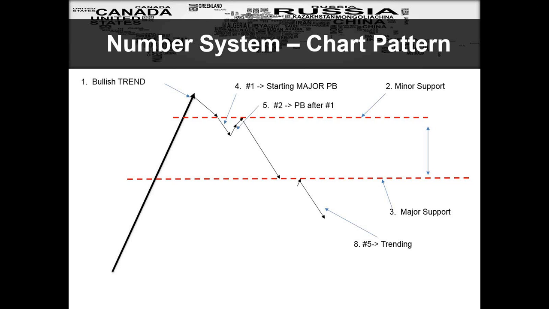Okay? Now, when you're trading a number 1 and 2, you're basically trying to trade from this minor support here to this major support here, which is the major pullback. So your goal is that you're a counter trend trader where you see a trend and your goal is to sit there and play a major pullback to this level here, to the major support.